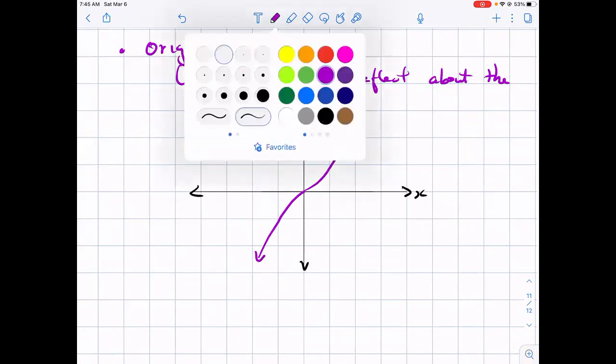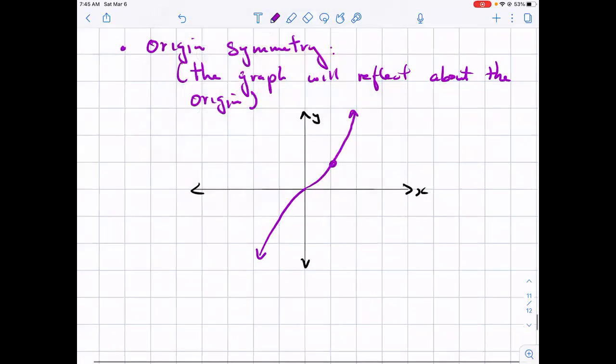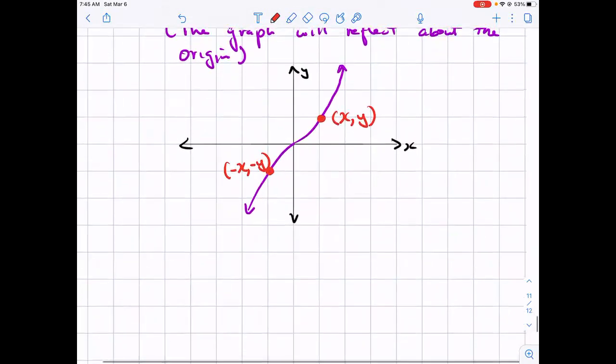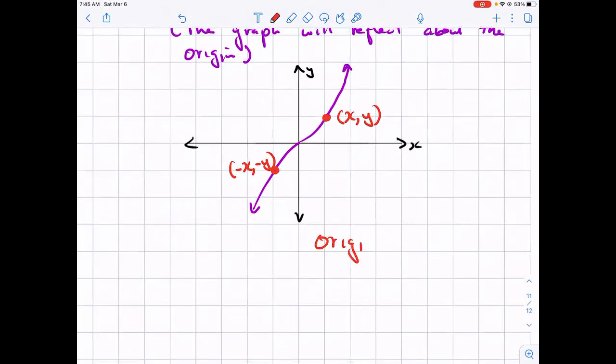Now we'll notice that if this point here is x comma y, this point here is minus x comma minus y. Here what is called origin symmetry.